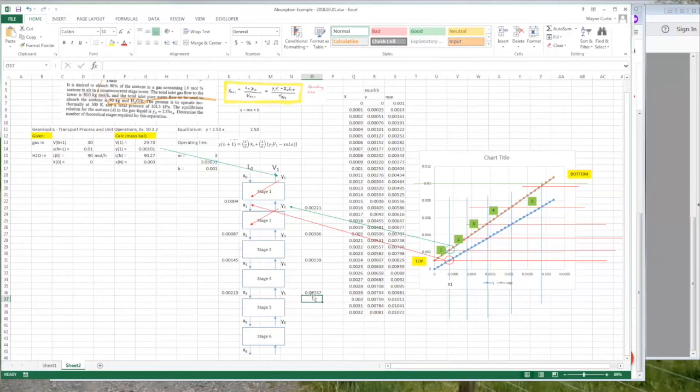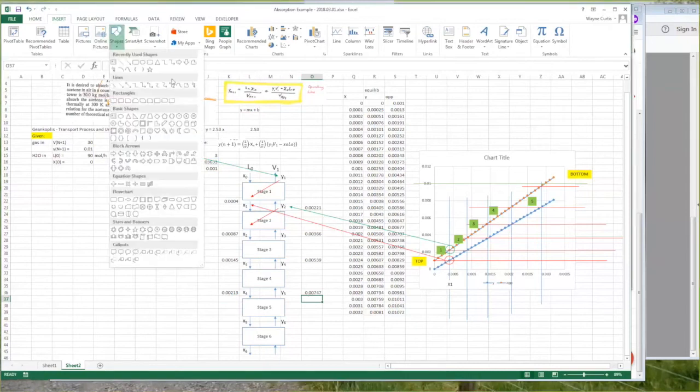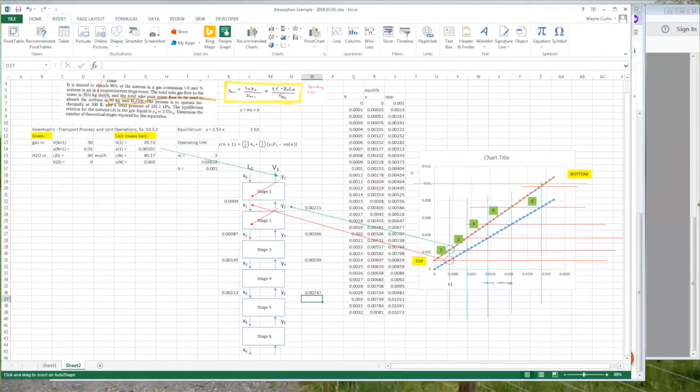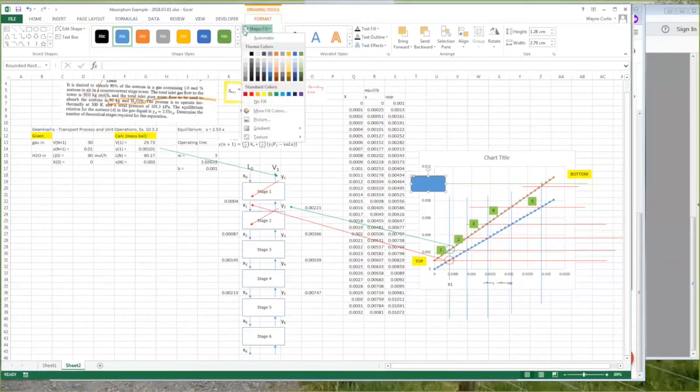The problem is that I need this to be here. This is our holy grail target, defined by our dirty gas composition.